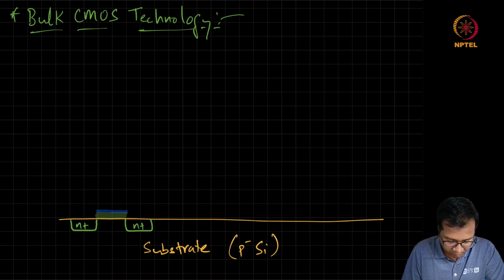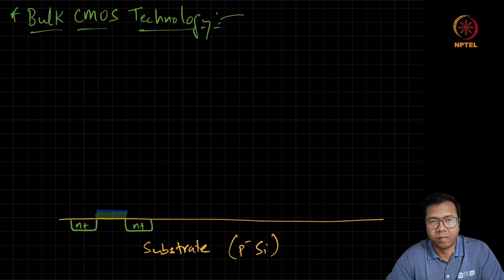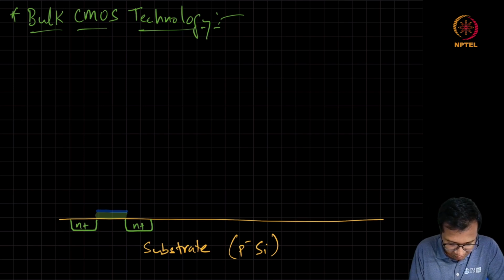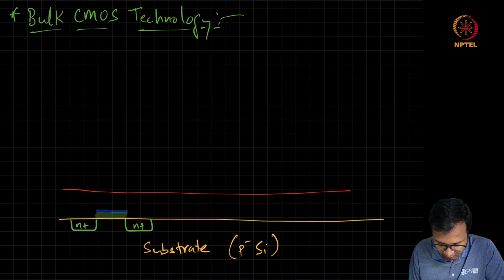Now we understand that this is not sufficient for creating circuits with thousands or millions of these kinds of active devices. We also need interconnection between those elements. This interconnection is done with the help of metallization.